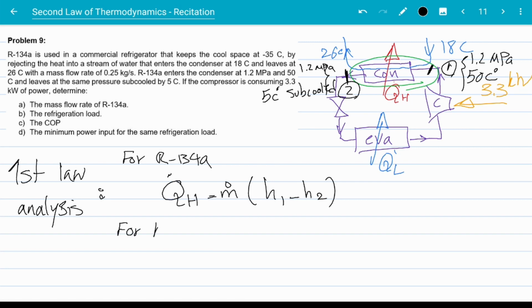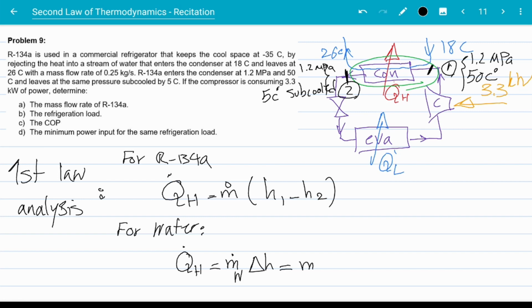For the water, because water is inside the heat exchanger and it's absorbing all of the heat lost from the refrigerant stream, we get Q dot H is m dot of water times delta H of the water. Now, if you remember from our last recitation video, I'm going to put the link in the description down below. Delta H of a liquid is its specific heat times temperature difference.